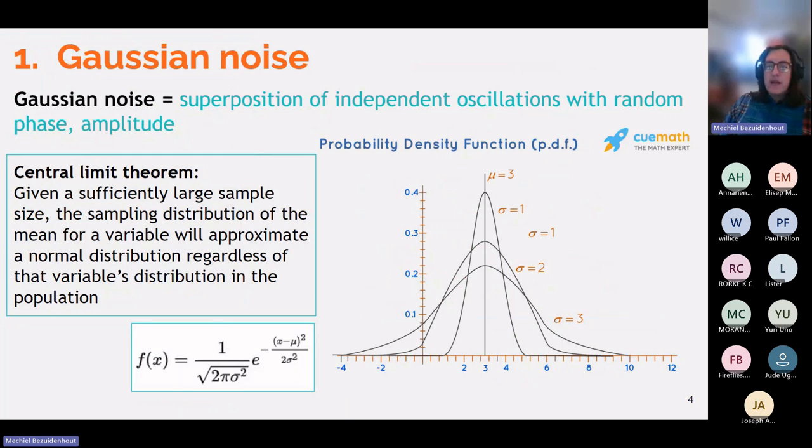So when a telescope intercepts some radio signal from the sky, that signal gets superimposed onto an existing noise signal within the telescope.